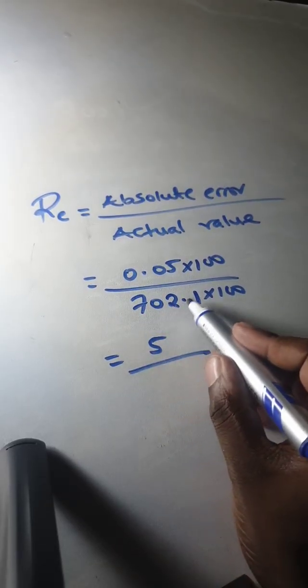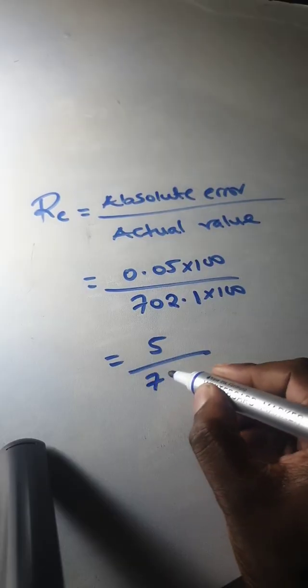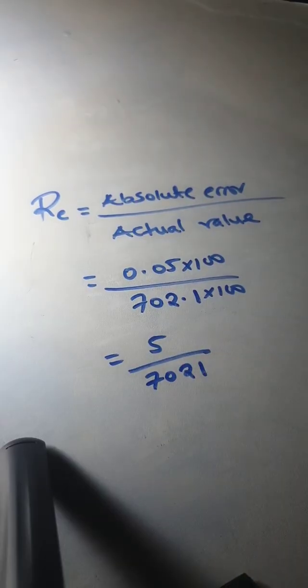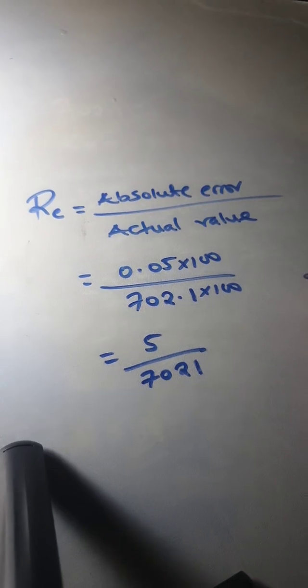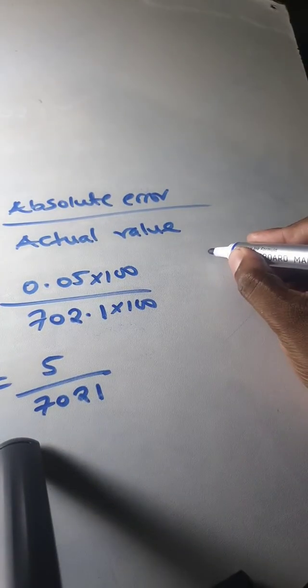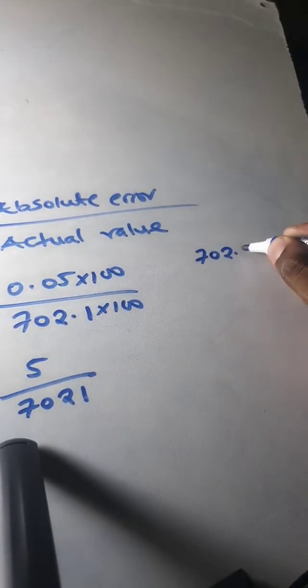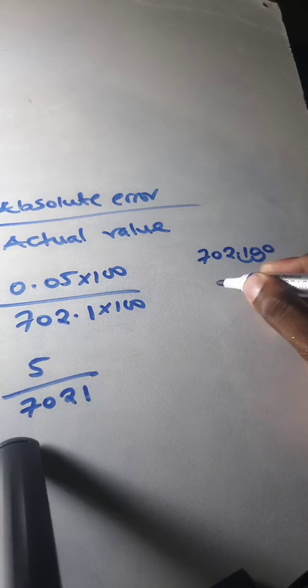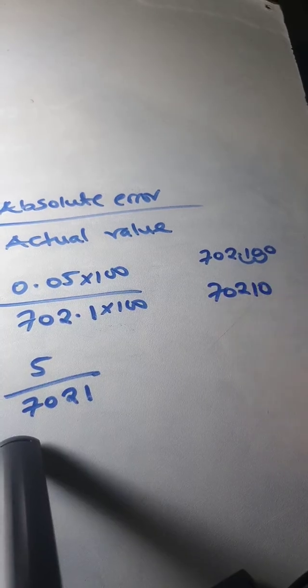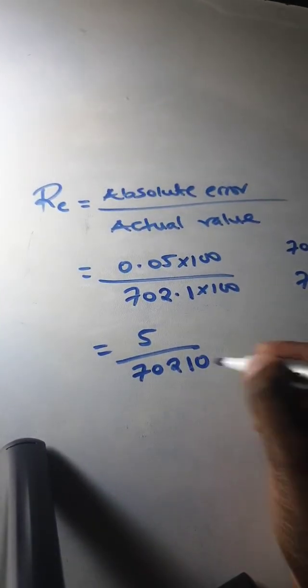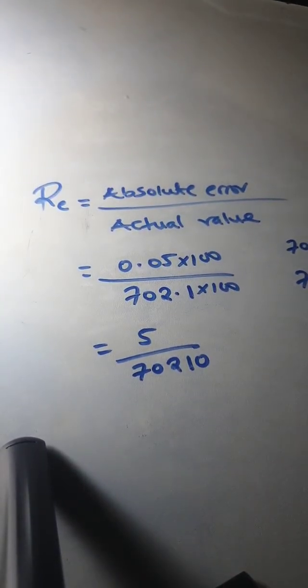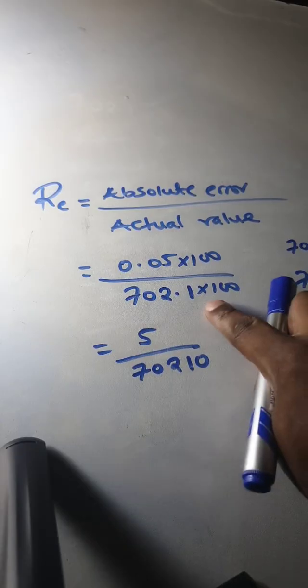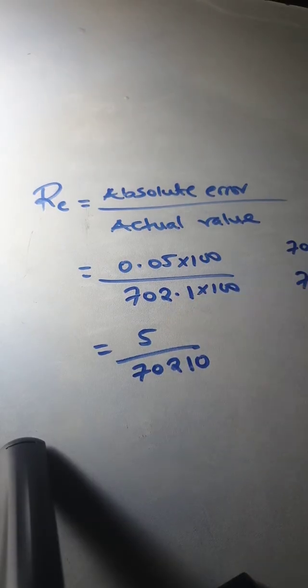Then 702.1 times 100 is 70,210. Let me add this. If you multiply by 100, we go two steps.